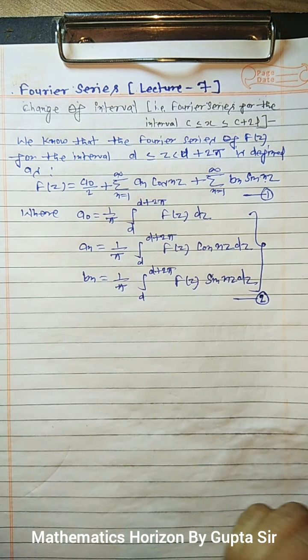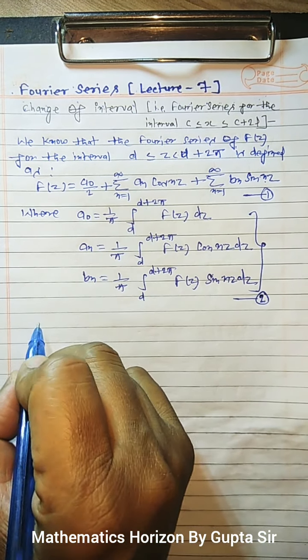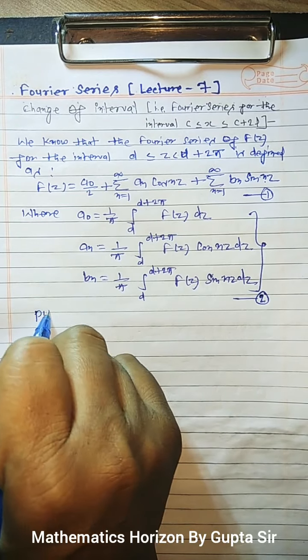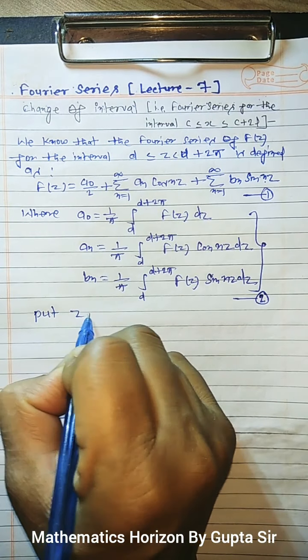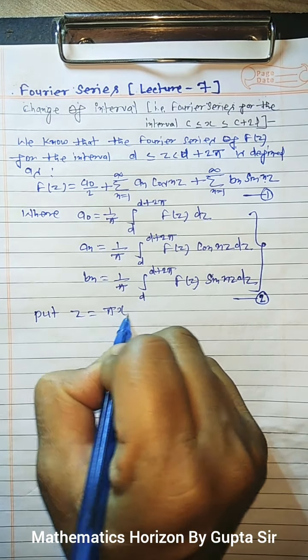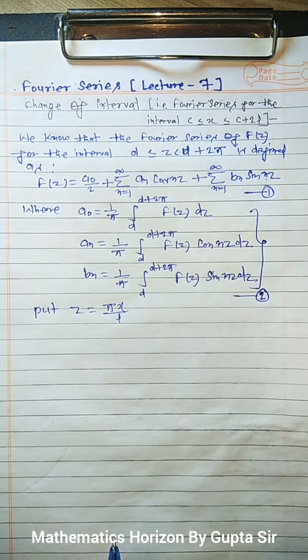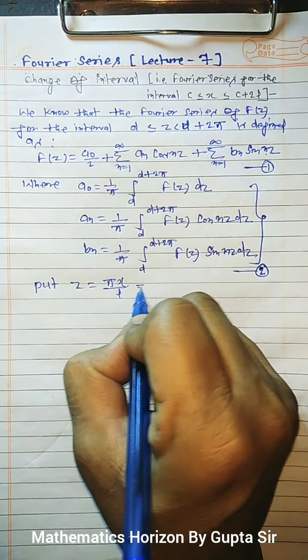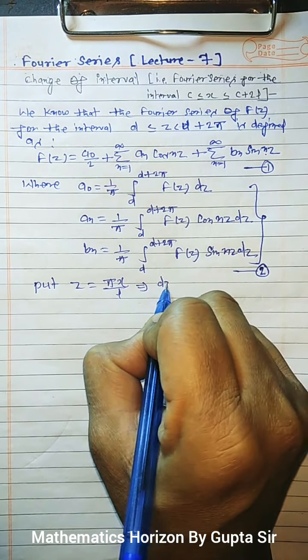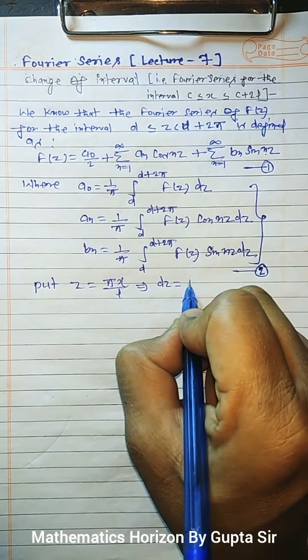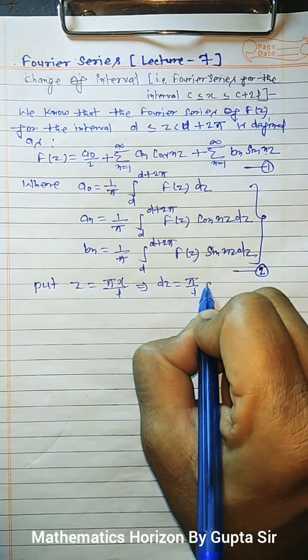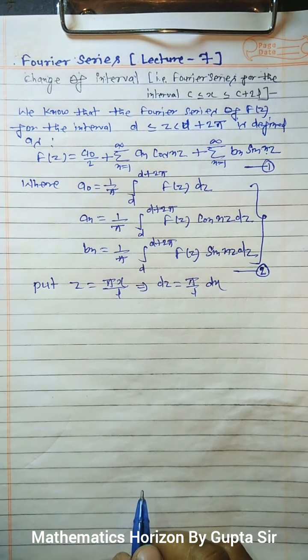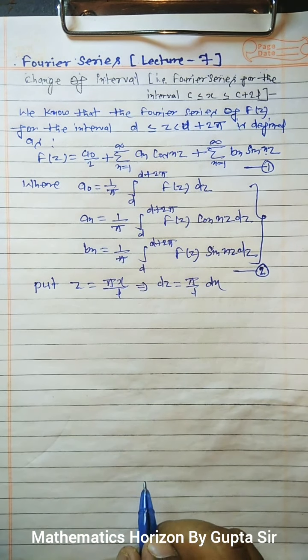This can be achieved by taking one substitution, z is equal to pi x upon l. z equal to pi x upon l means dz equal to pi upon l dx. Now we change the limit.